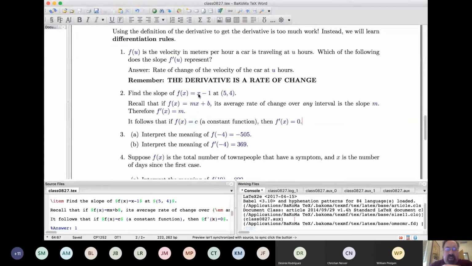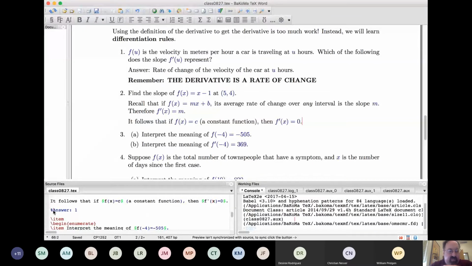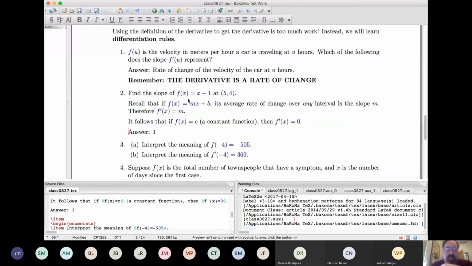Here we have a line, x minus 1. The slope is 1, so that's also what the derivative is.